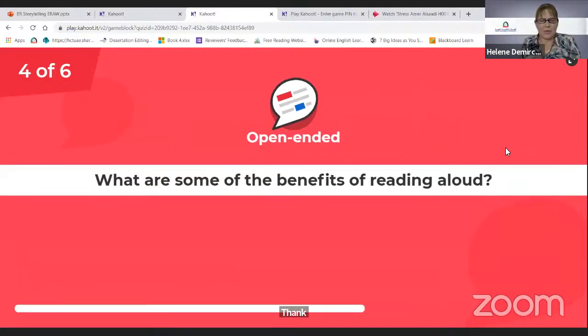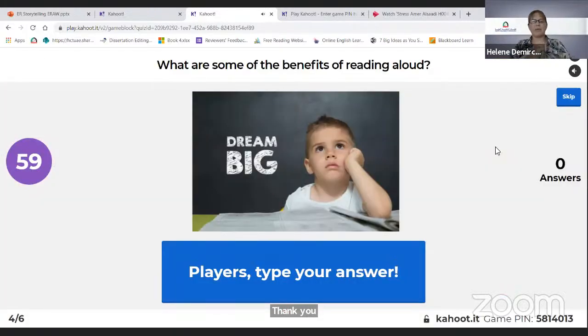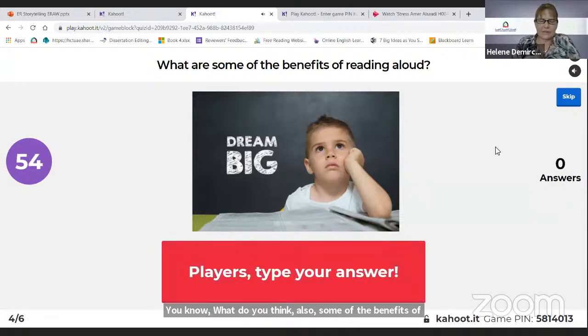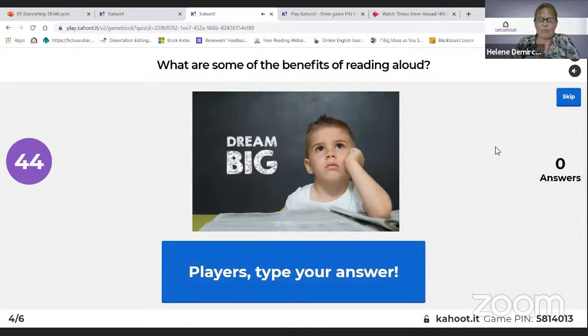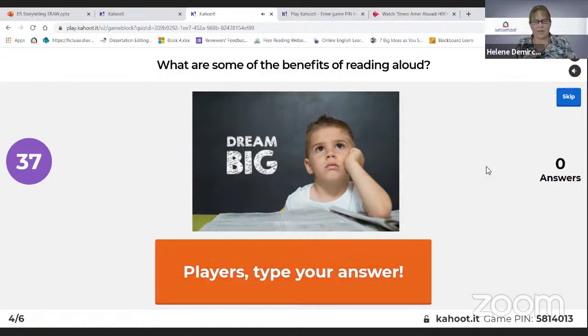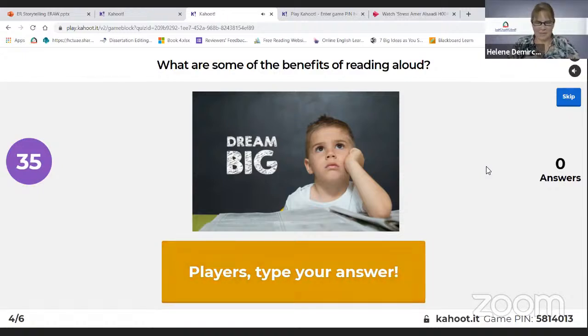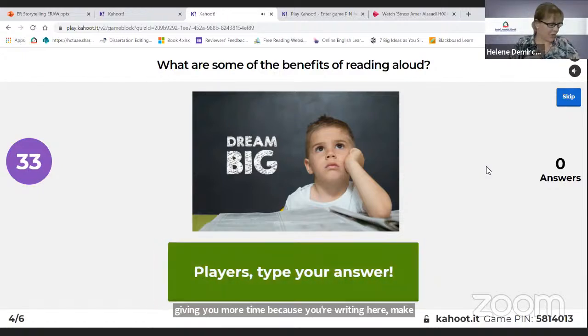Now, what do you think? What are some of the benefits of reading aloud? Giving you more time because you're writing here. Maybe you have to think a little bit. I'm not good at thinking on the spot.